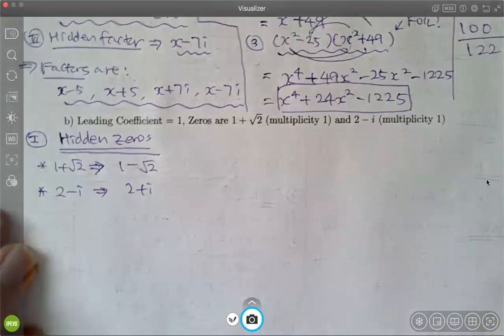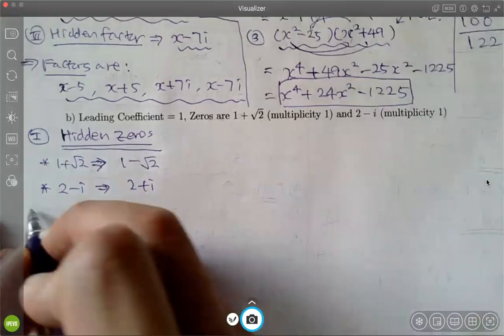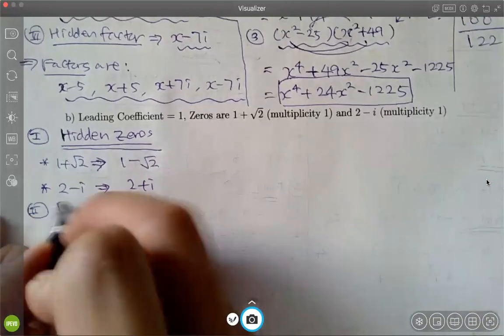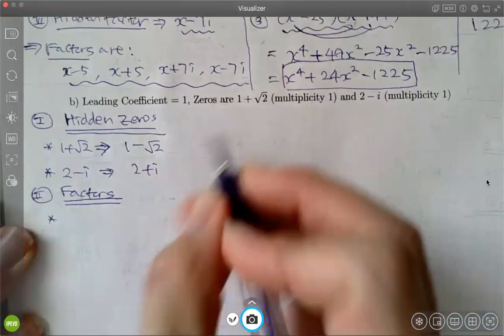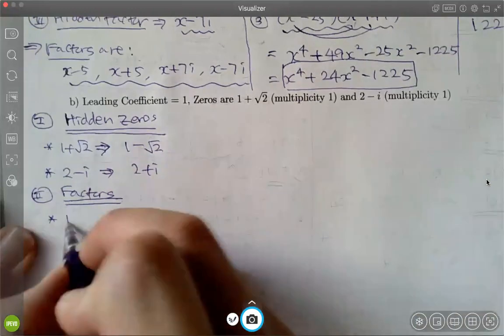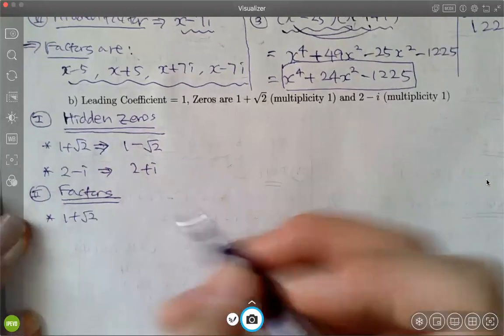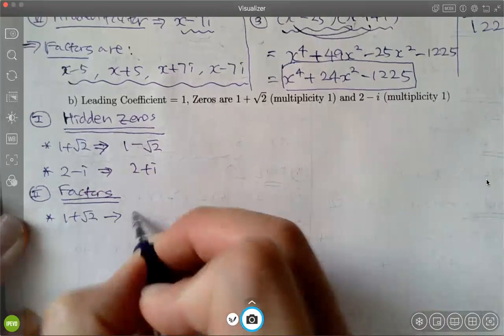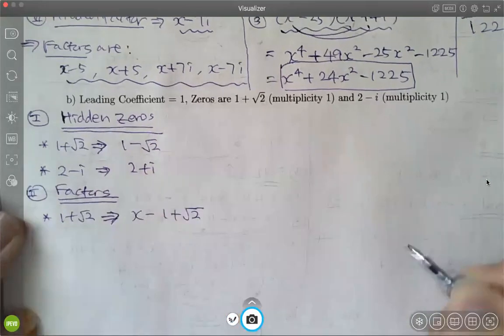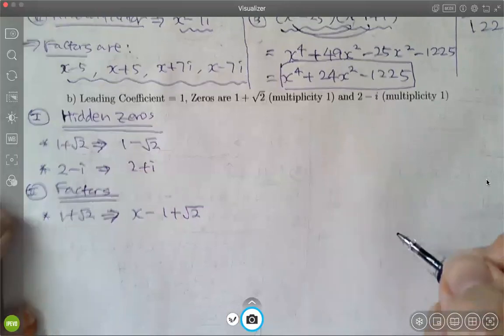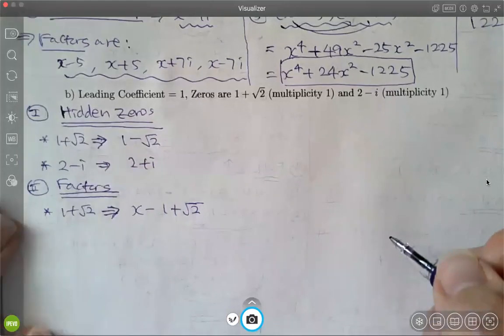Okay, so now, what are the factors? So for the first zero, which is 1 plus square root of 2, what is its factor? It's x minus 1 plus square root of 2, right? Not quite.